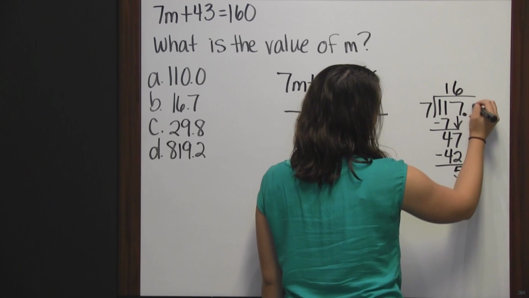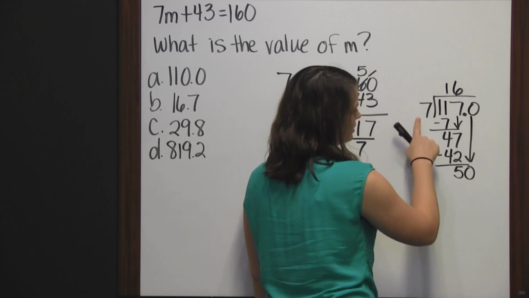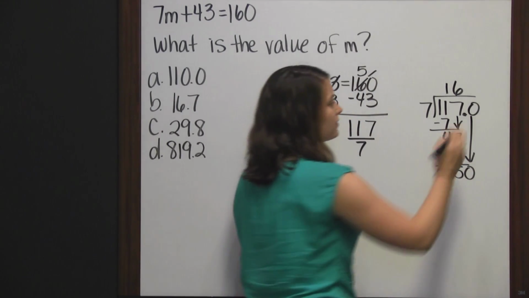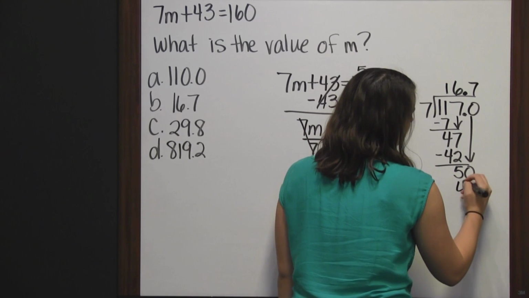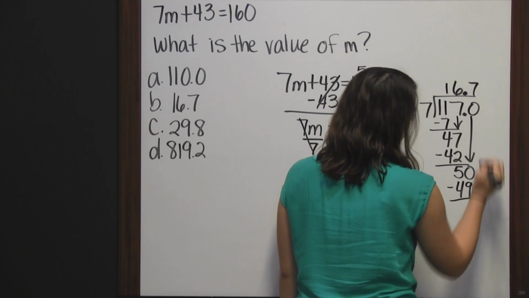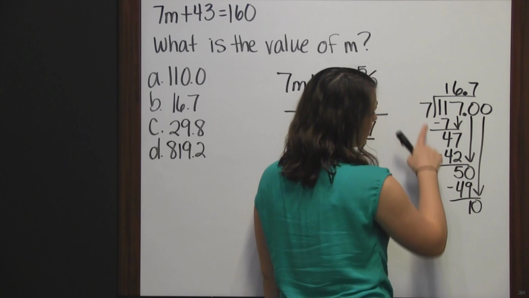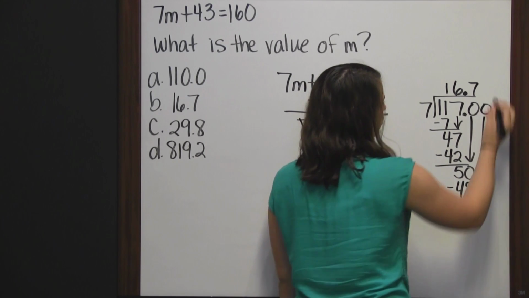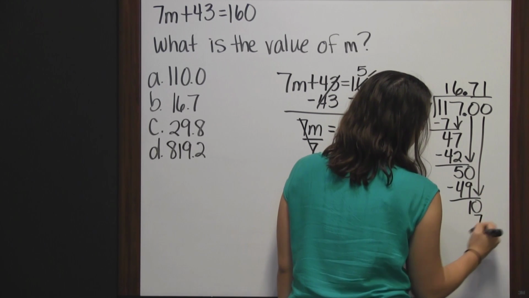Then we add a decimal and a 0 and bring it down. 7 goes into 50 7 times. 7 times 7 is 49. We subtract and we get 1. We add a 0 and bring it down. 7 goes into 10 one time. 7 times 1 is 7.